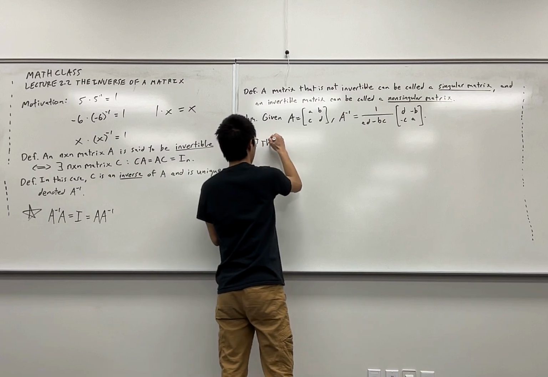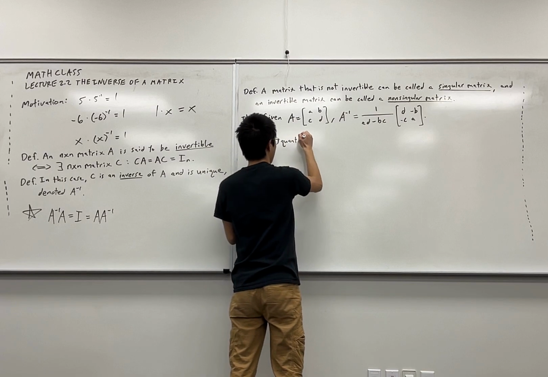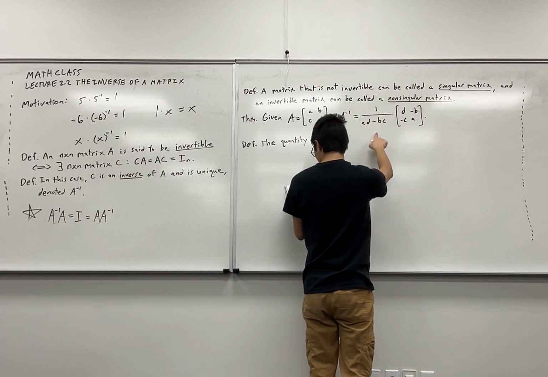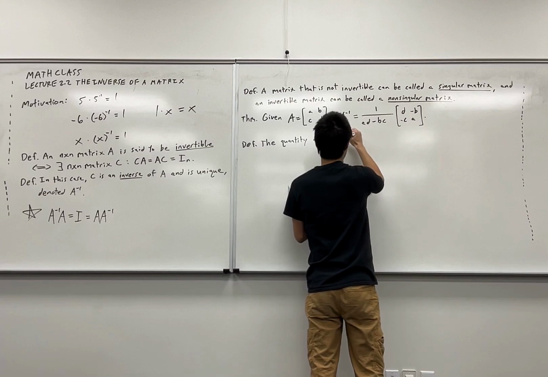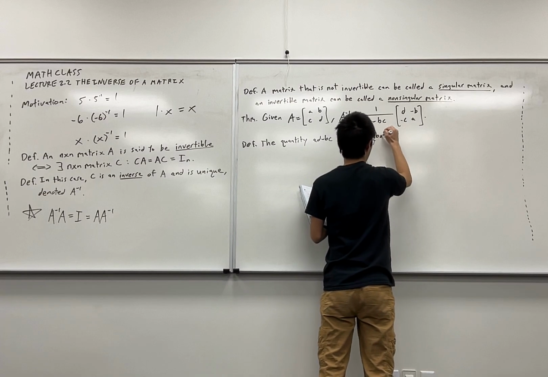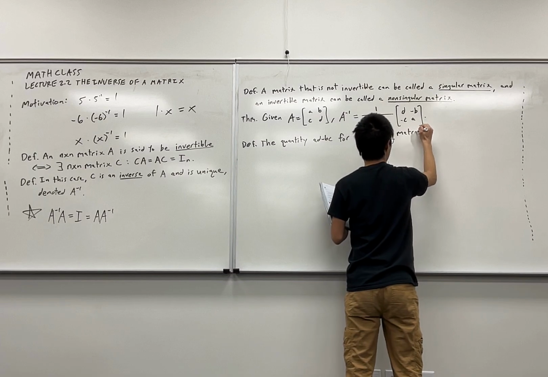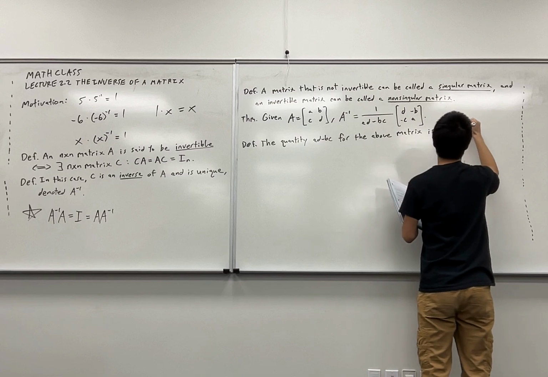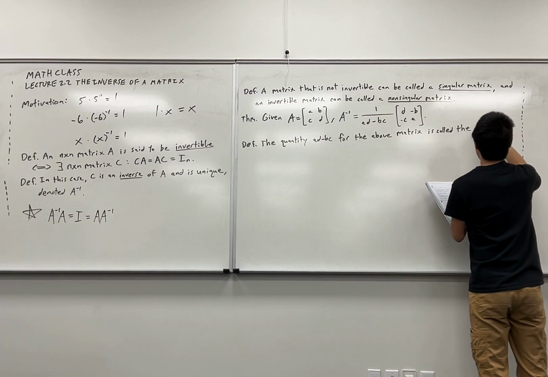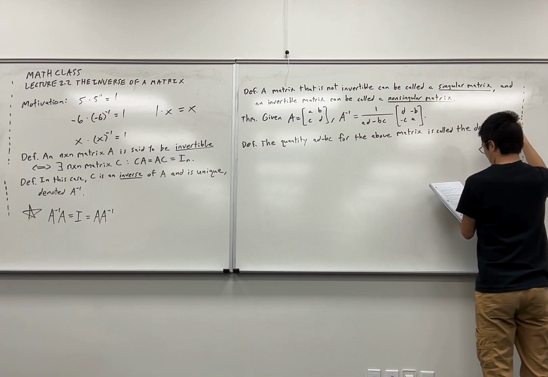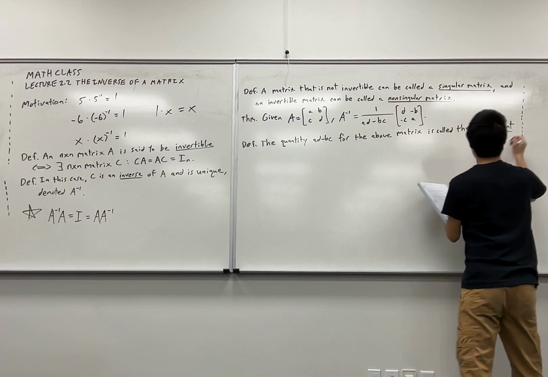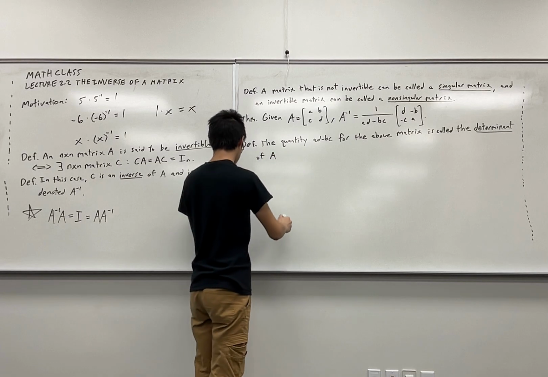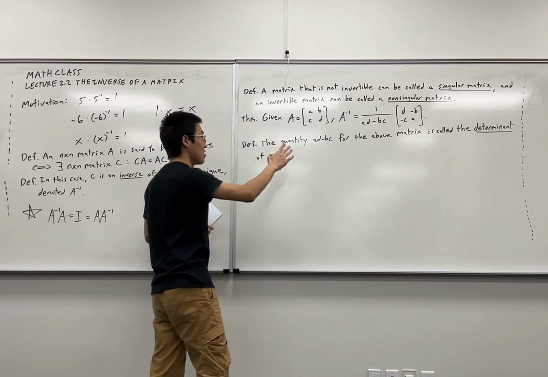The quantity AD minus BC, so this denominator right here, for the above matrix is called the determinant of A. And there's going to be a whole chapter on determinants later, but for now, this is kind of a foreshadowing.